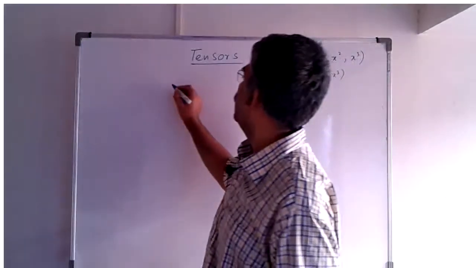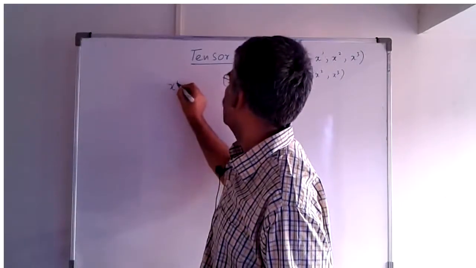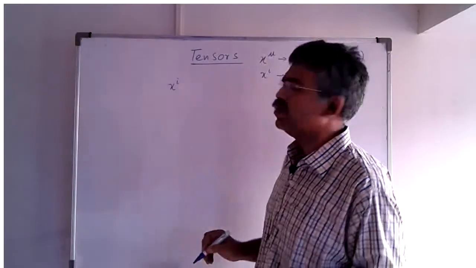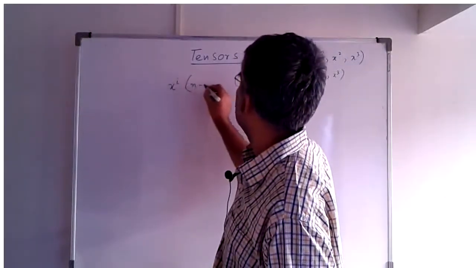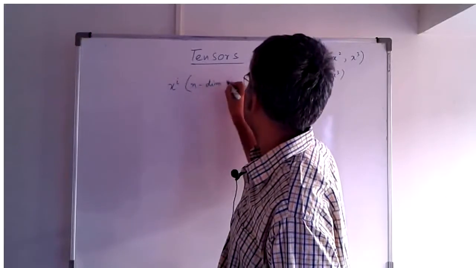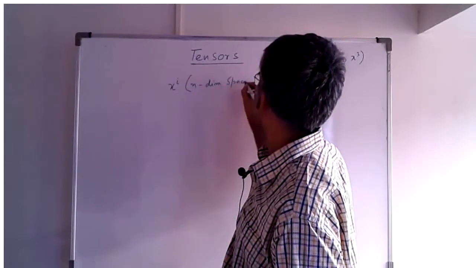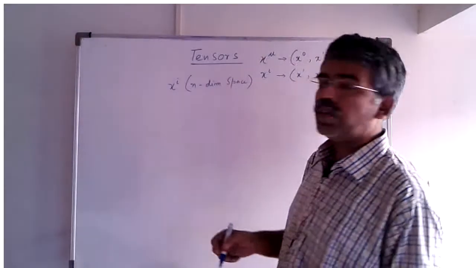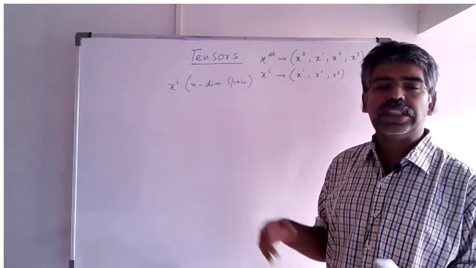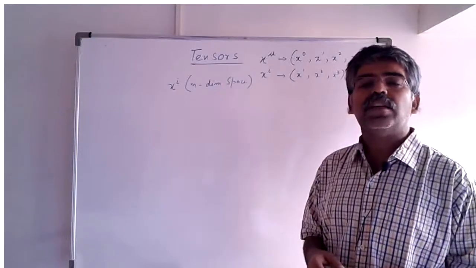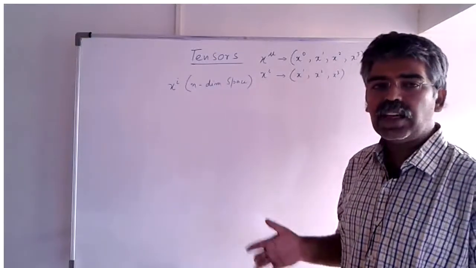We will treat the space coordinate as xi, and this is an n-dimensional space. So the coordinate will run from 1 to n. Say there may be space, there may be space and time.